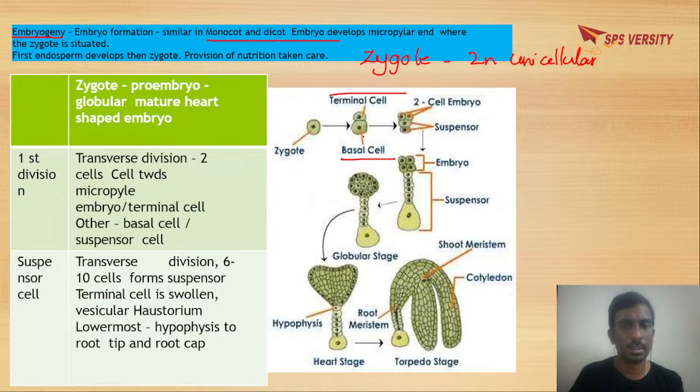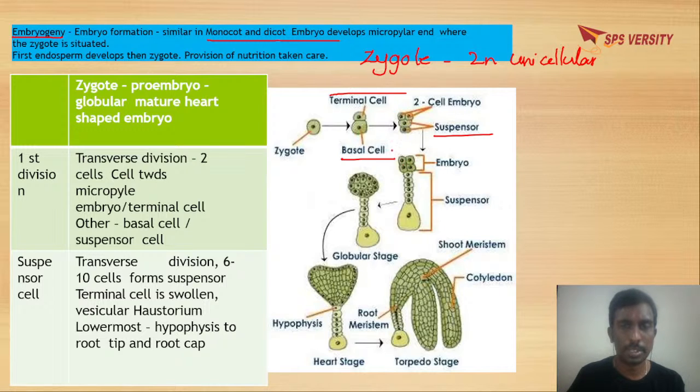From the basal cell, you can see the suspensor cell, which is developed from the basal cell. From the terminal cell, the embryo develops.